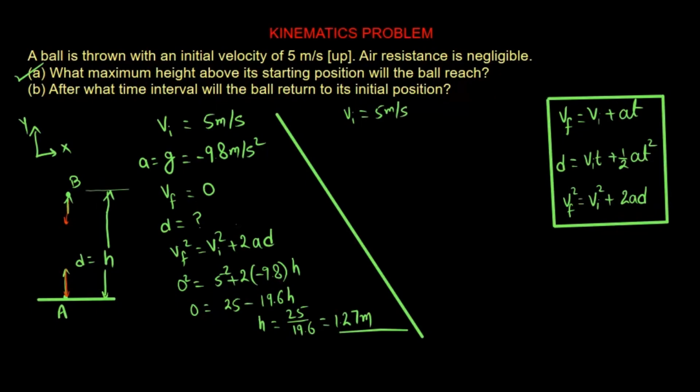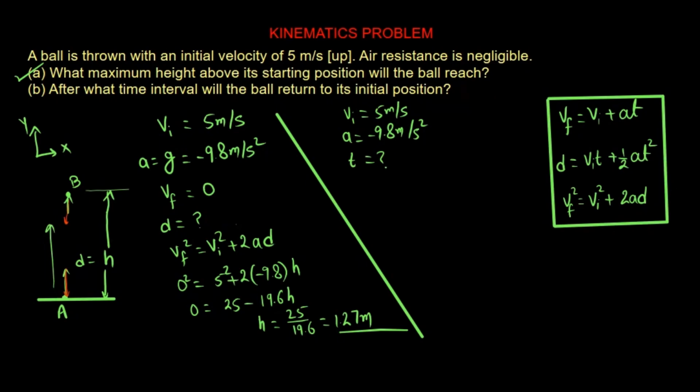We know that a is minus 9.8, and we are trying to find the time. If the ball is reaching its initial position, at this initial position the height is 0 again, because the ball goes up and it comes back down to the initial position.